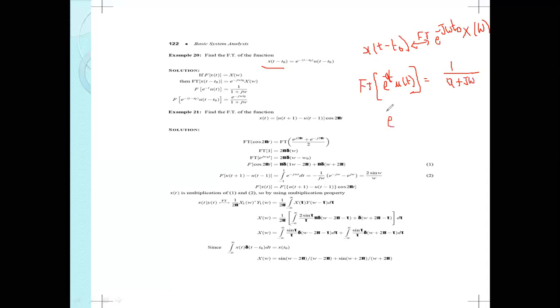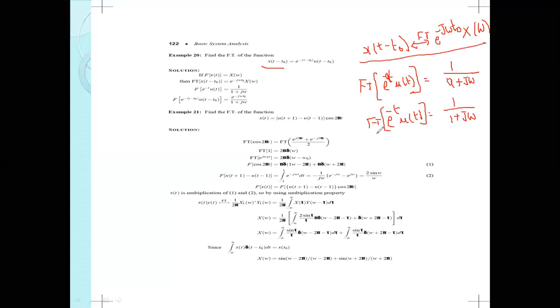Now it is e power minus t mu of t, so a is 1, and the Fourier transformation is 1 by 1 plus j omega. Got it? So we need it for x of t minus t naught.